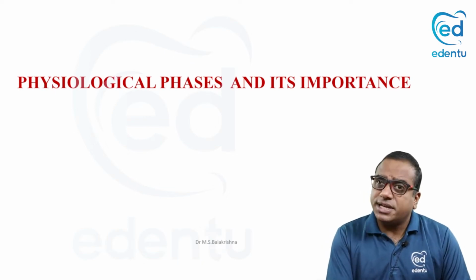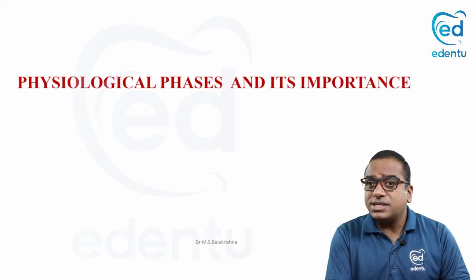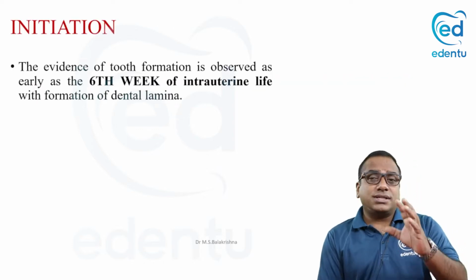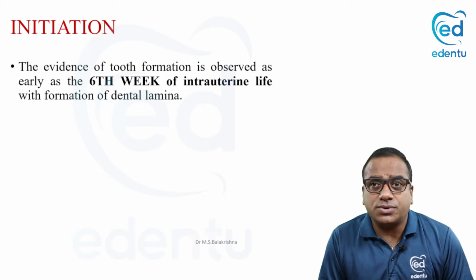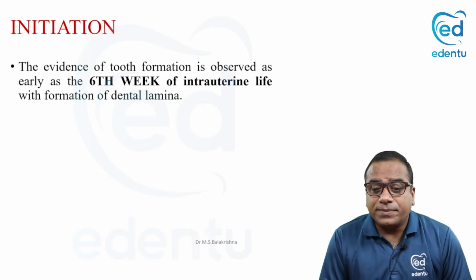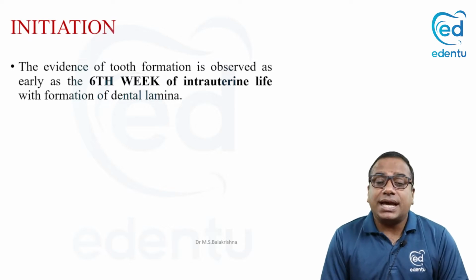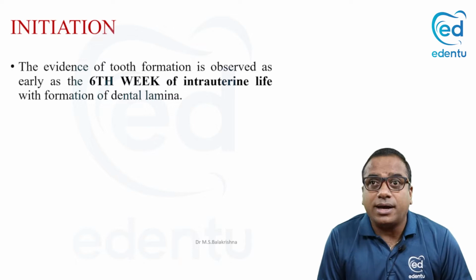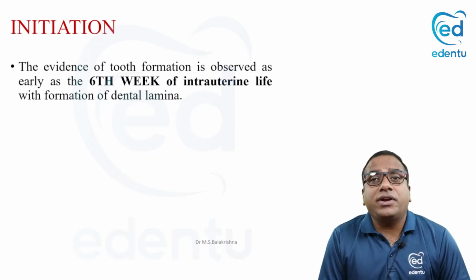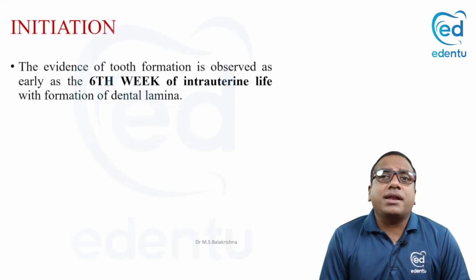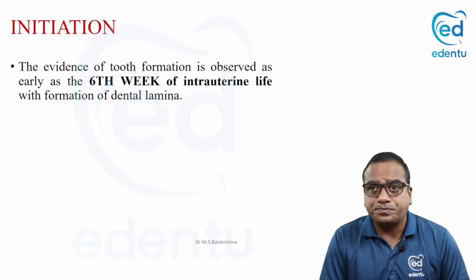In the physiological stages, the first stage is the stage of initiation. This we have discussed in our bud stage also. The evidence of tooth formation is observed as early as the 6th week of intrauterine life with the formation of dental lamina. So at the 6th week of intrauterine life, the sprouting happens and the dental lamina begins to form.